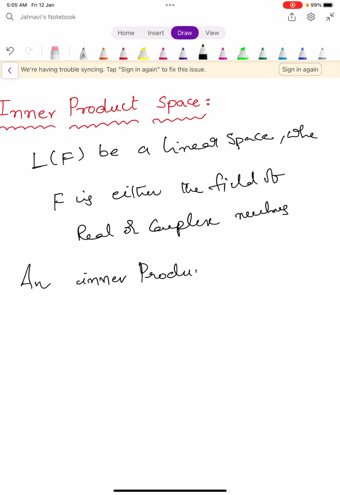An inner product on capital L is a mapping. It is a function. It is a transformation.